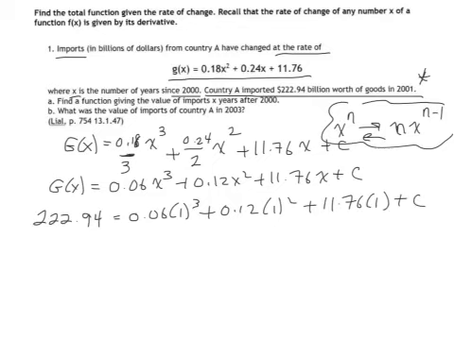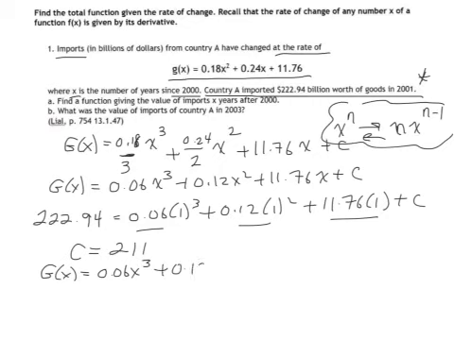We're going to complete these terms and then solve for c, and we find that c is 211. So now our complete function g at x would be 0.06x cubed plus 0.12x squared plus 11.76x plus 211.